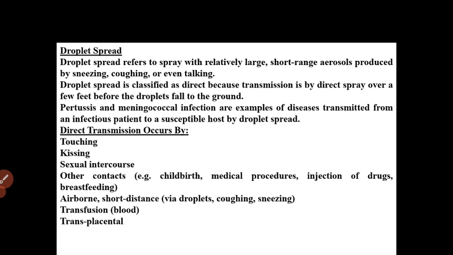We have the best example right now. We are facing the corona pandemic, the COVID-19. For that, we are using precautions, like wearing a mask so that there are no droplets, there is no direct transmission. Understood?